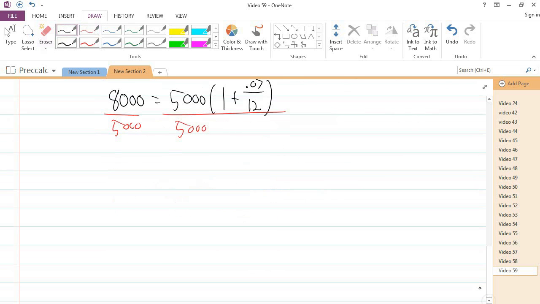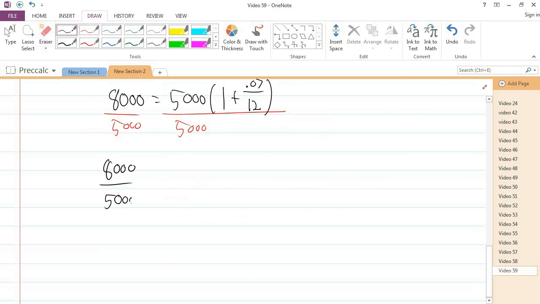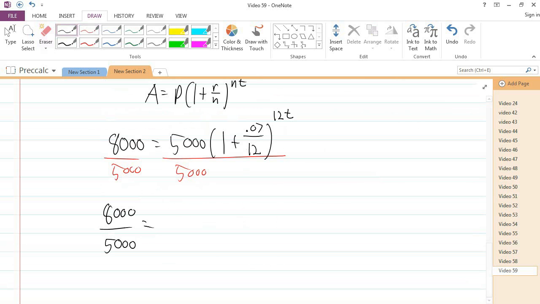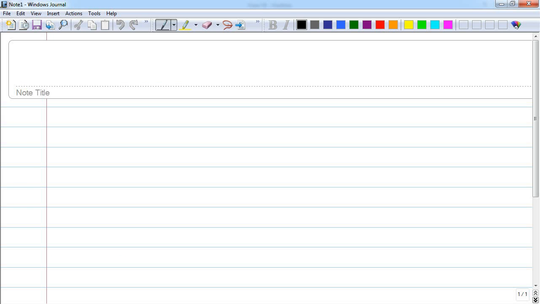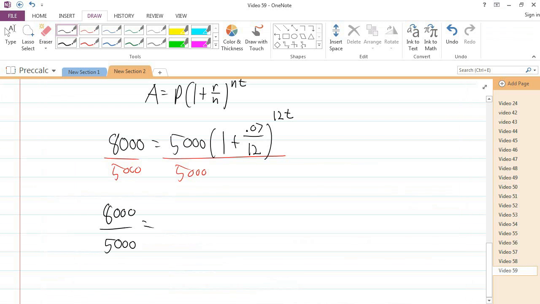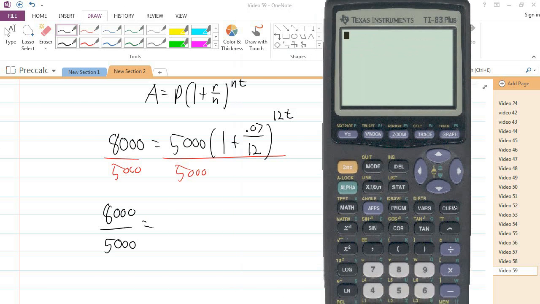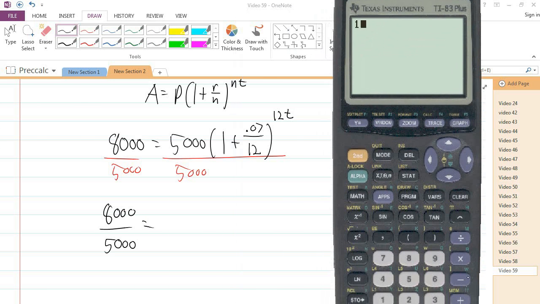So I'm going to have 8,000 over 5,000. I'm going to work out what's in these parentheses here: 1 plus 0.07 divided by 12.